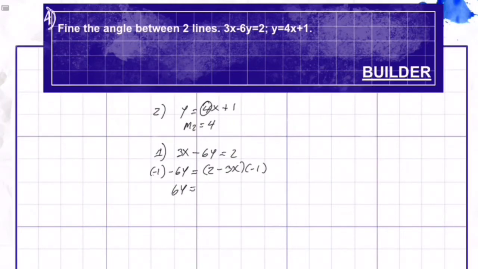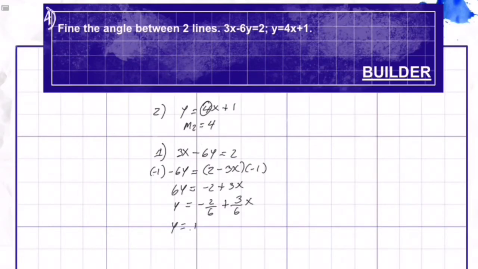So we have 6y equals minus 2 plus 3x. We have to divide by 6. Y equals minus 2 divided by 6 plus 3 divided by 6, x.